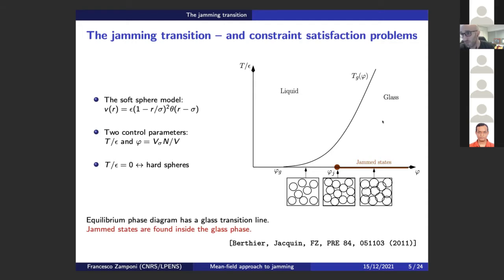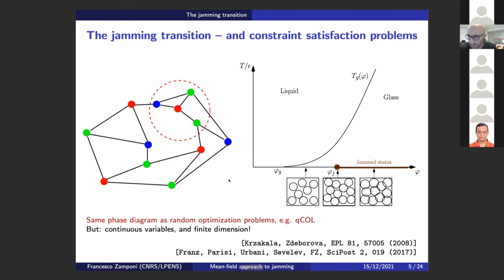And then maybe if we bring the glass somehow to 0 temperature, maybe we are going to recover this jamming physics. So that's what I will describe next.